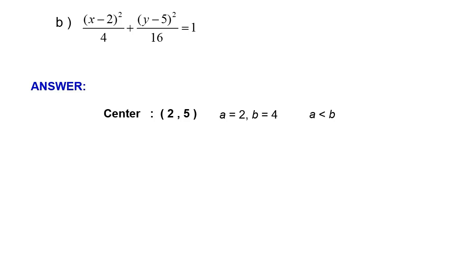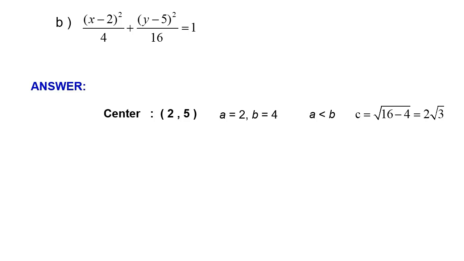In this case, we notice that a is less than b, which means it will be a vertical major axis. And to find the value of c, that is the distance between center and foci, we subtract 16 minus 4, so we get 12. We can simplify and we get 2 root 3.